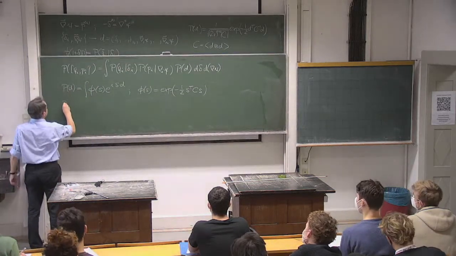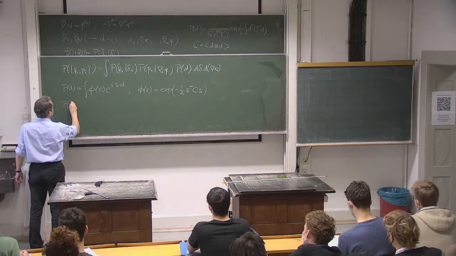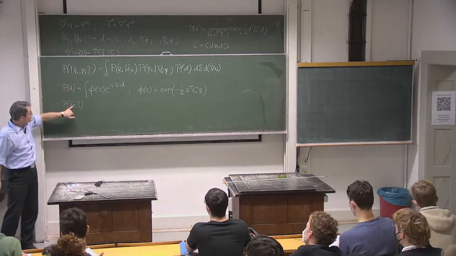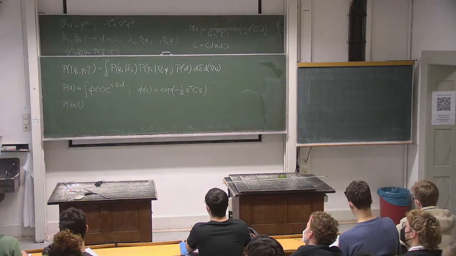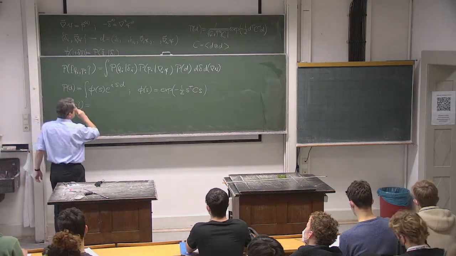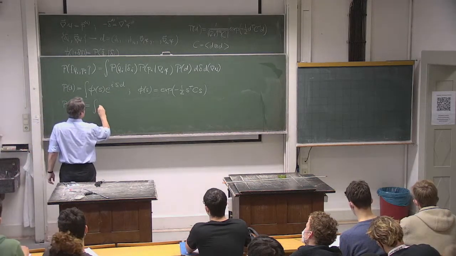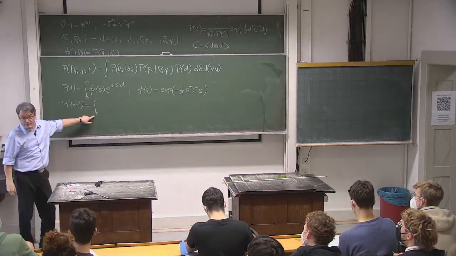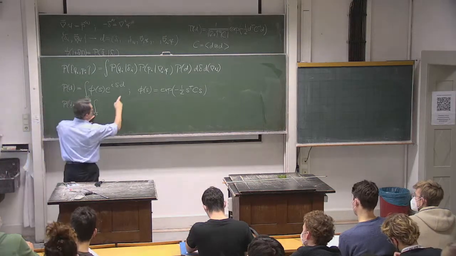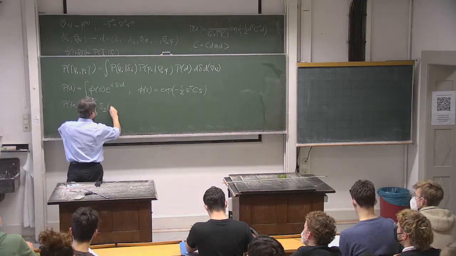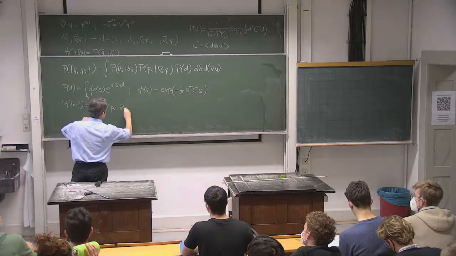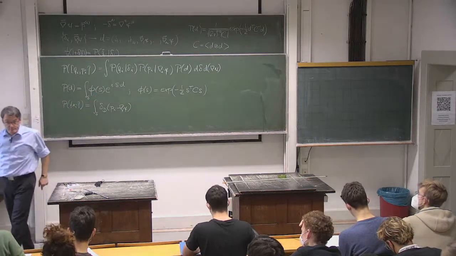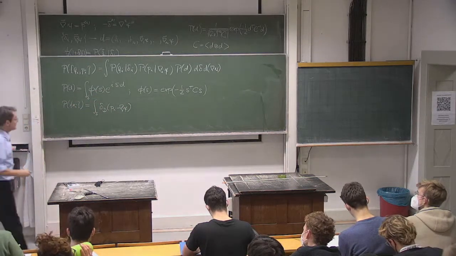Now, I'm going to return now to this probability distribution for the phase space points. And I'm going to write, this is now an integral over the Fourier conjugate variable S. The delta distribution for the momenta, the conditional probability distribution for sampling particles.